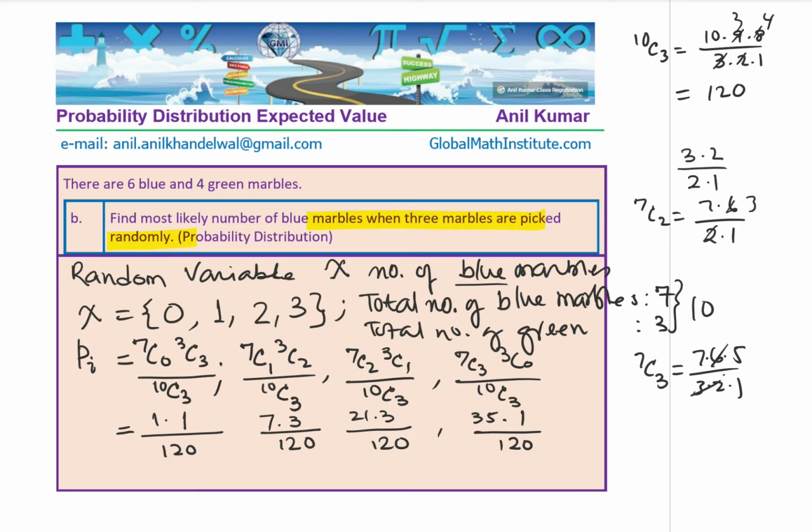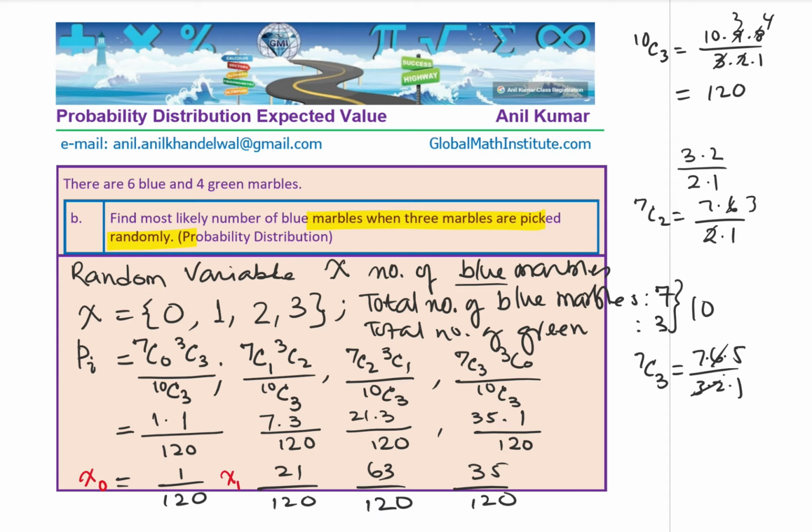So now we can write down their probabilities as 1 over 120, and this is 21 over 120, and that is 63 over 120, and this is 35 over 120. Is that clear to you, right? So I hope this calculation is clear. So this is the value for, you can write this as x for 0, right?